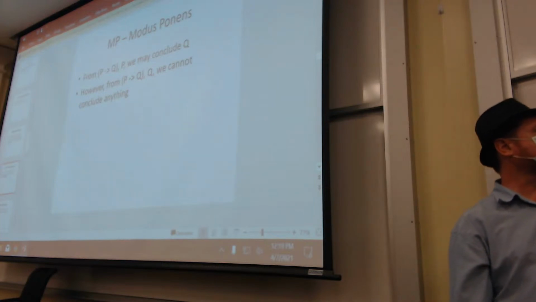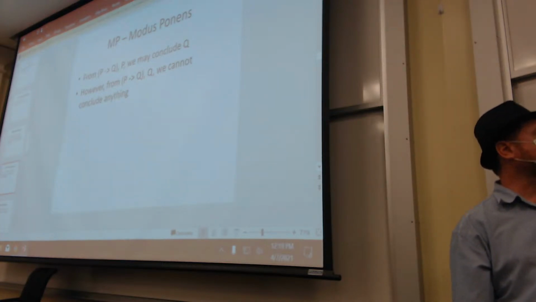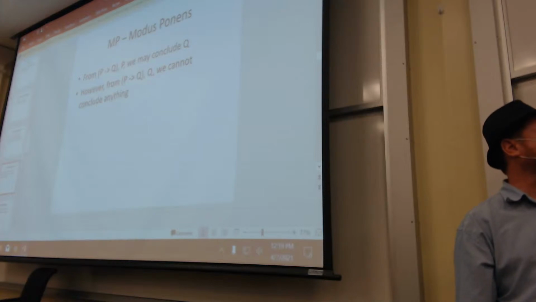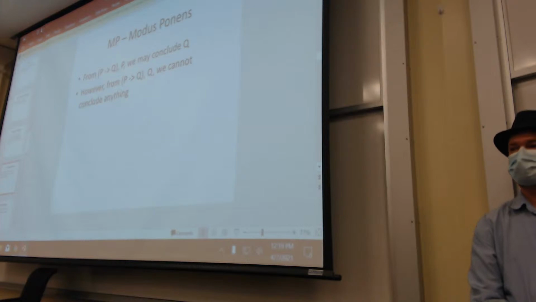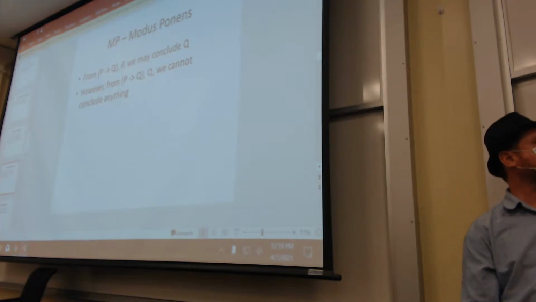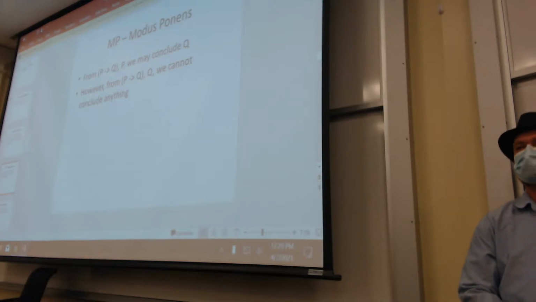And that includes negations. But you have to match the negated or not negated nature of what's on the left. So if the left side says not A leads to B, we need a not A to get a B.